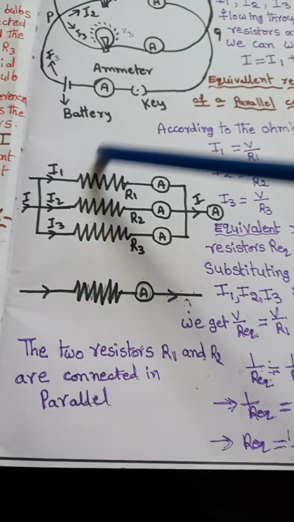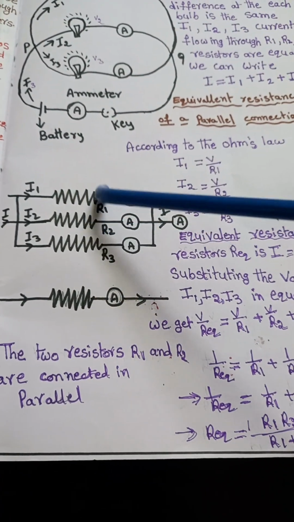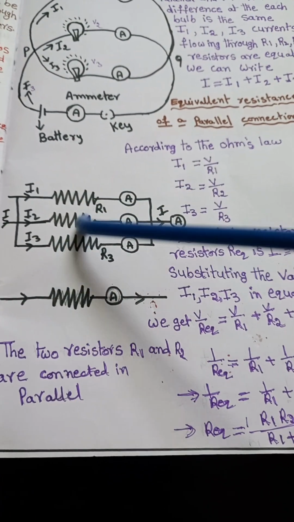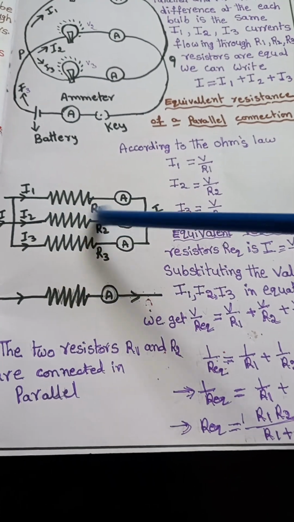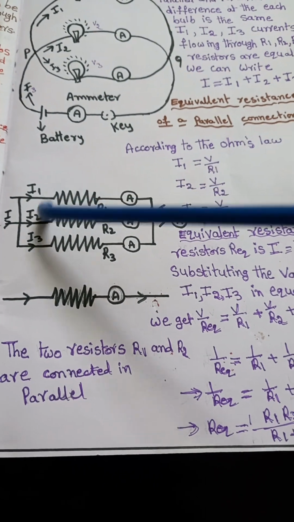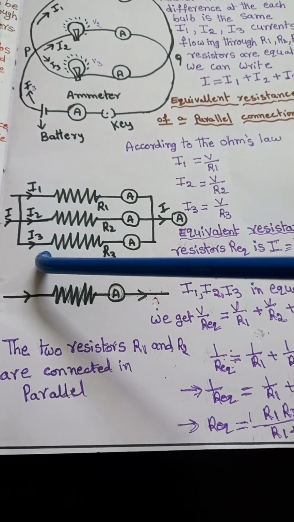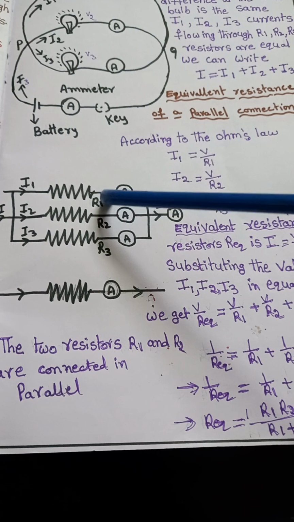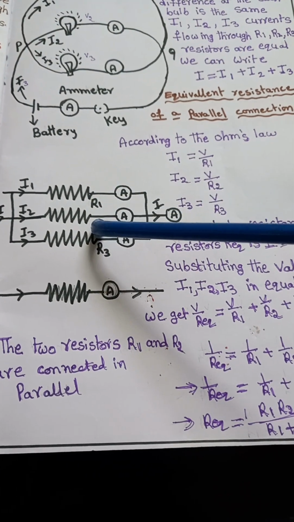Here the three bulbs are shown as three resistors in parallel, and the current passes through the conductors I1, I2, I3 and the resistors R1, R2, R3.